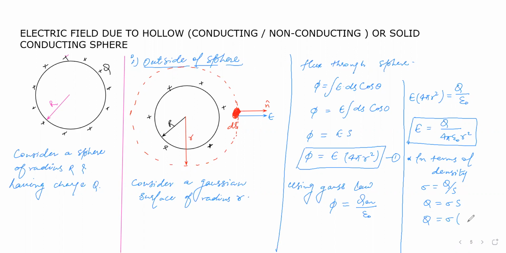S is your area, the total surface area of this sphere. If you are taking the total surface area for this sphere, then your radius will be capital R, not small r. This is your 4 pi capital R square.